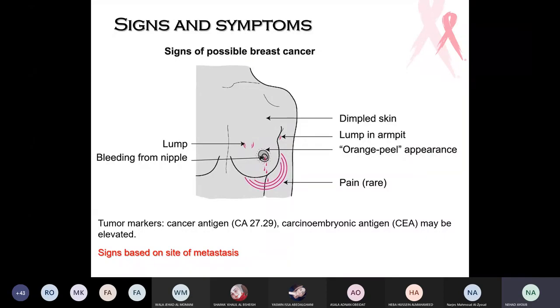For example, in many cases breast cancer patients come and complain of pain in the back, bone pain, shortness of breath. Sometimes we do labs and we see elevated liver enzymes. Usually these symptoms are because of the disease metastasis, okay? So sometimes there can be symptoms because of the metastasis rather than the primary tumor.